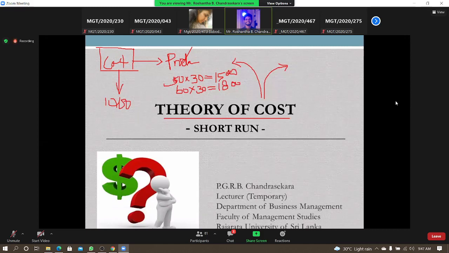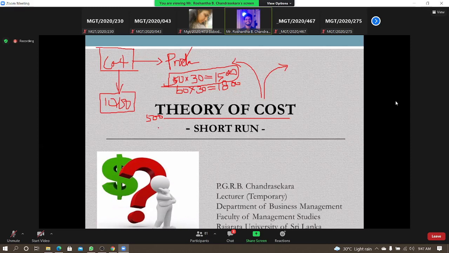In the other scenario, you are not increasing the production, but you take steps to decrease the cost. Your production is here, your profit is now rupees 500, because profit is simply equal to total revenue minus total cost.